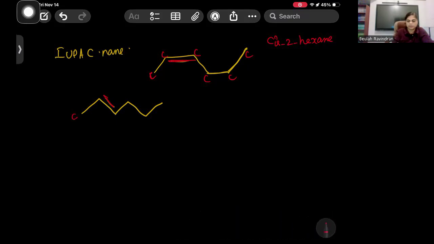So how many carbon atoms? Can you tell me this? Trans-2-hexene. Clear? So this is cis position, this is trans position. Keep in your mind. Okay. Then you will be able to understand. Some more examples I will give you.